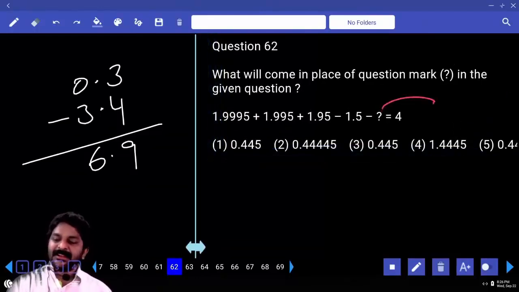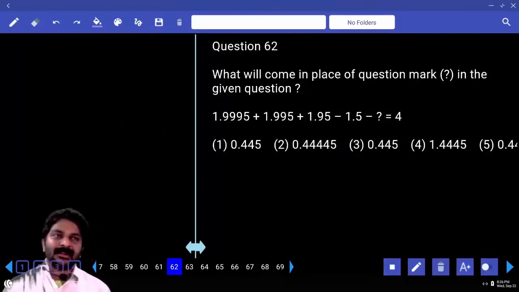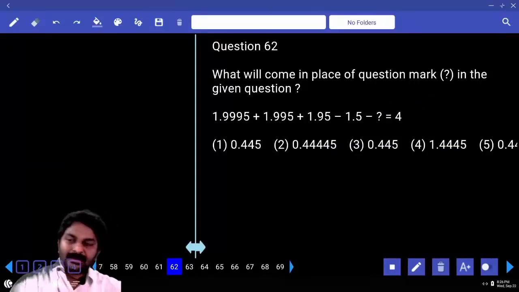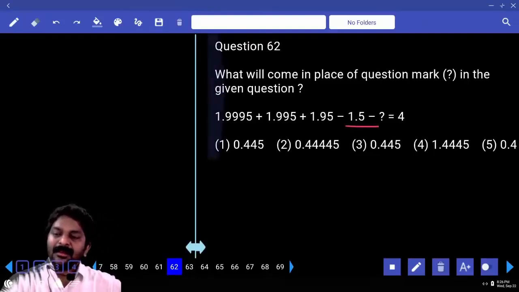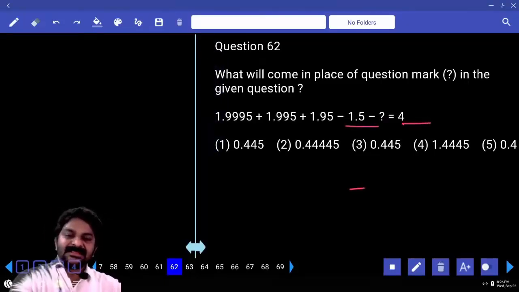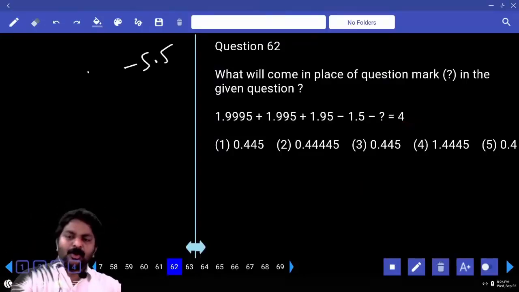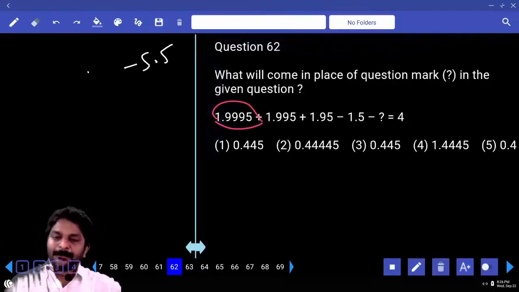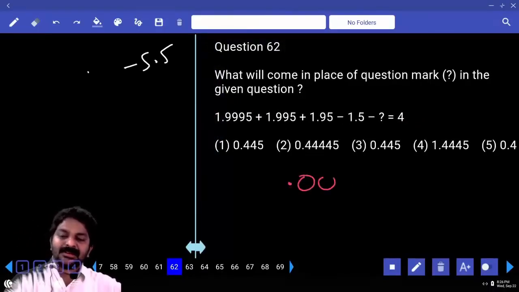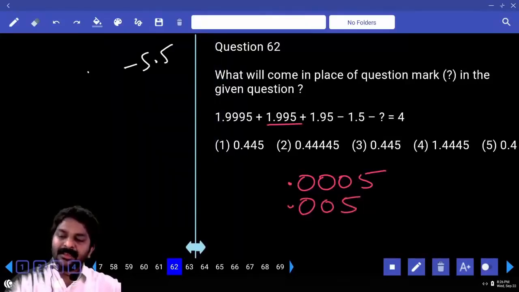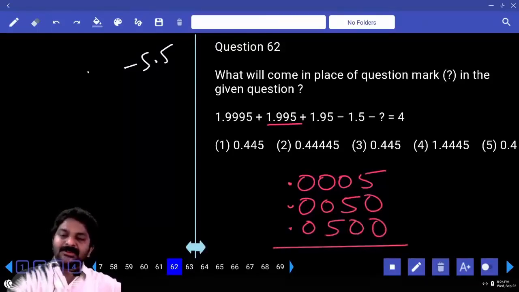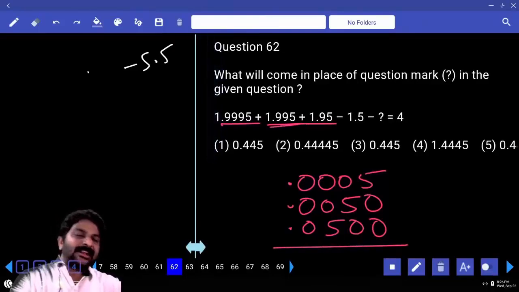Minus x goes to the right hand side, and on the right hand side plus 4 will go to the left hand side and becomes minus 4. Already minus 1.5 minus 4, that is minus 5.5 we have, correct? Yes. To make it a round figure, how much do we need to add? 0.0005. And to make this a round figure, how much do we need to add? 0.0050. Next, 0.0500. So I'll take this number as 6.